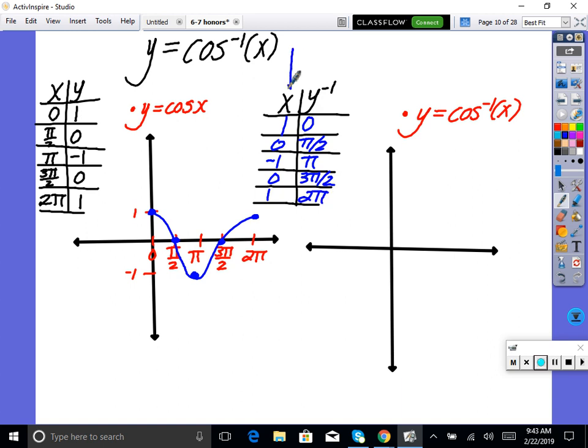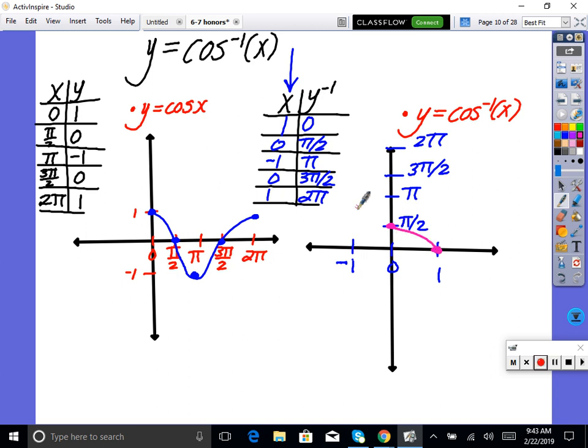So look at your inputs for cosine inverse. Same as sine inverse, it's between negative 1 and 1. And then the y-axis, same idea. So here's pi halves, pi, 3 pi halves, 2 pi. Okay, let's start plotting points here. Over 1 up 0, over 0 up pi halves, so connecting this through here.